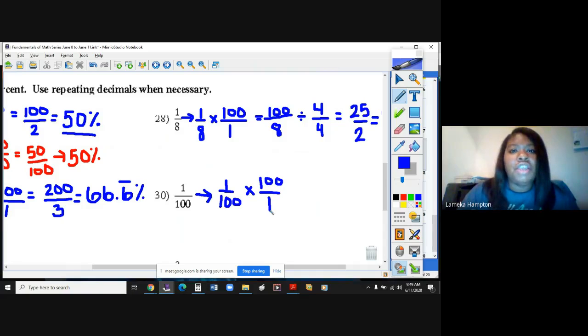Now, we know anything divided by itself is 1. So I know 100 over 100 gives me 1. So this is my answer. My answer is simply 1. Okay.